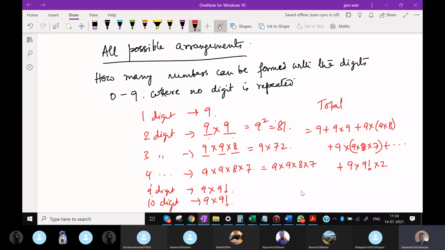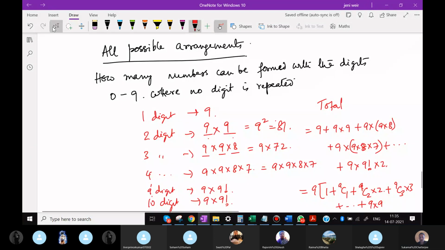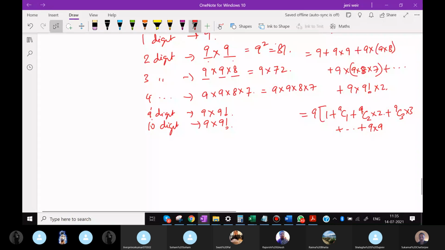So now if I want to calculate this, it is 9C1 into 1 plus 9C2 into 2 plus 9C3 into 3 and so on up to 9 into 9 into 2.